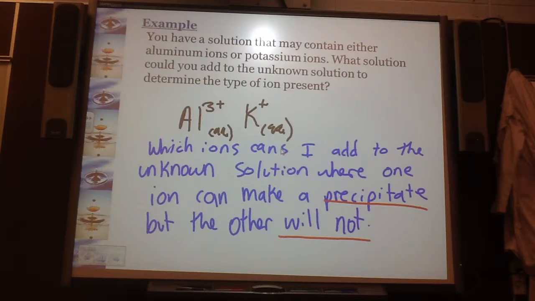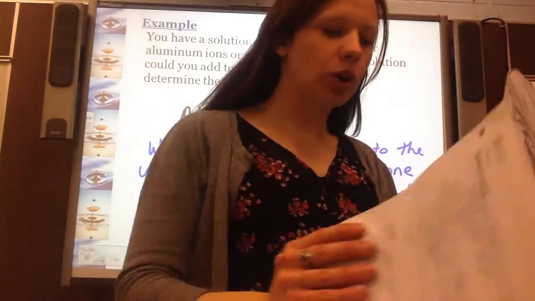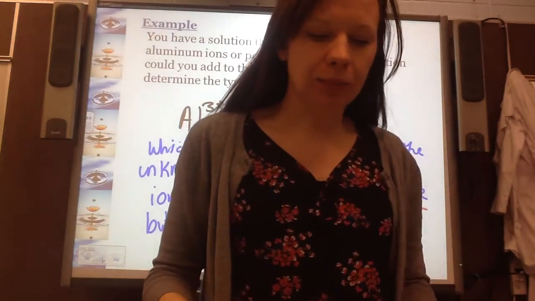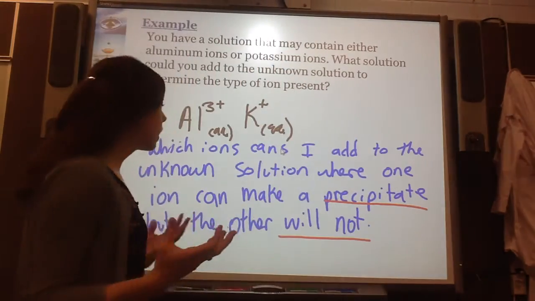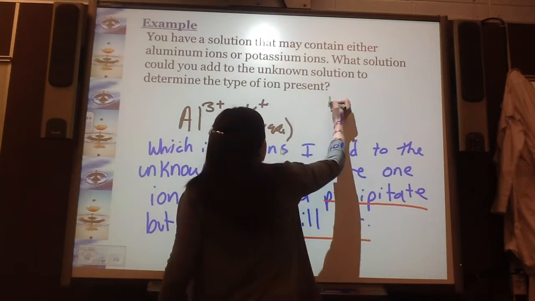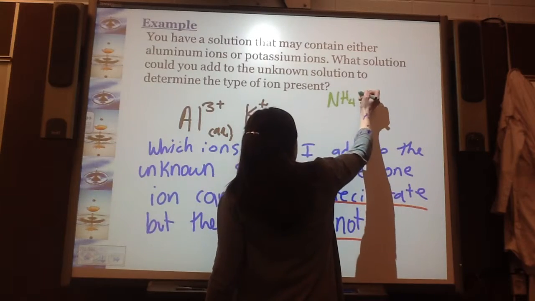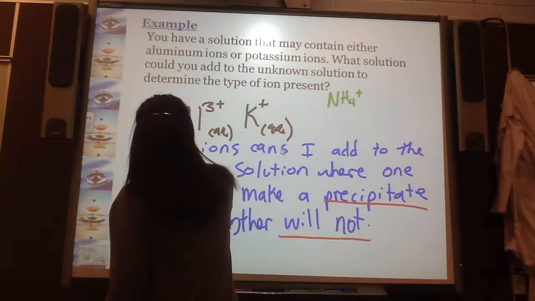So, for example, I'm just going to start going through this and showing you what I mean. On your solubility chart, let's think, what if we added, say, ammonia? Okay, I'm just going to erase this.